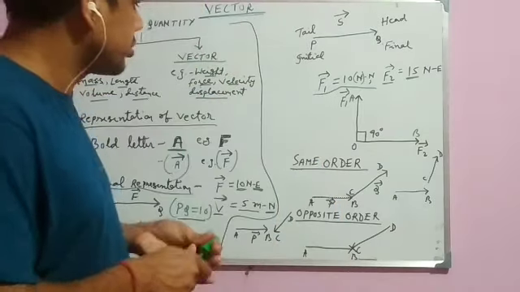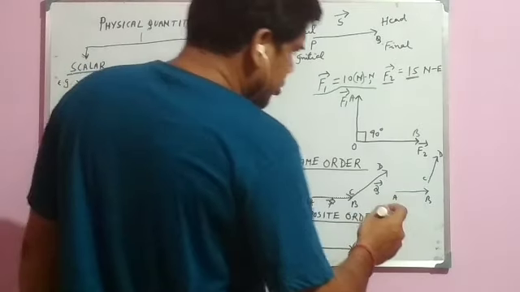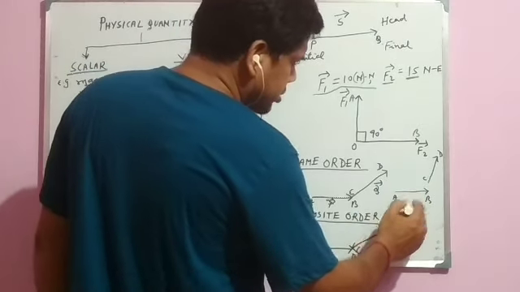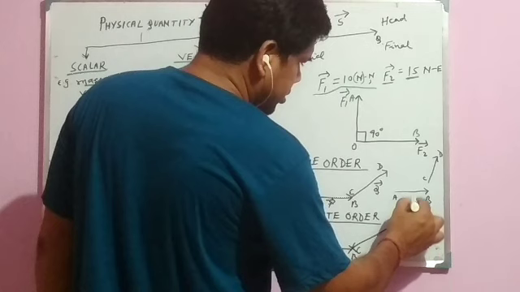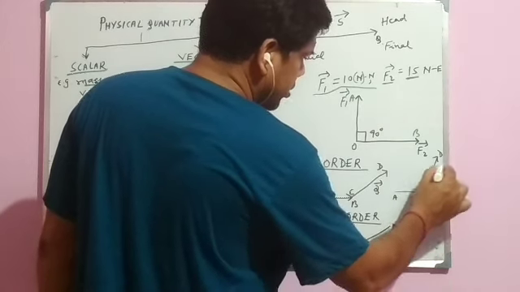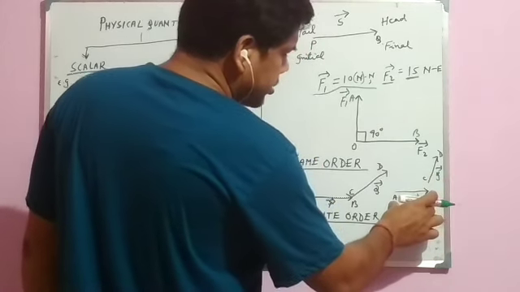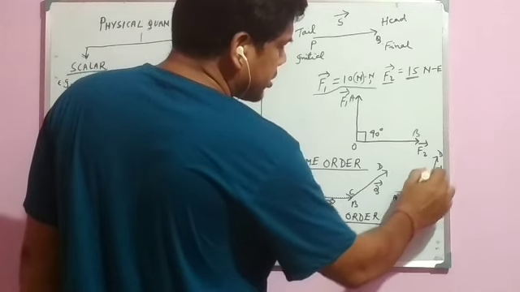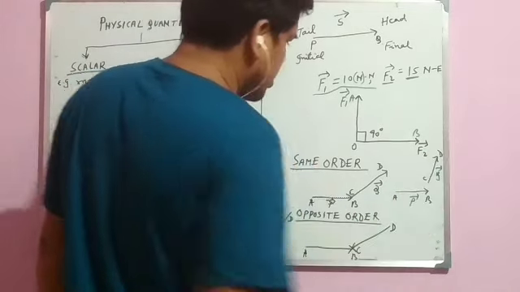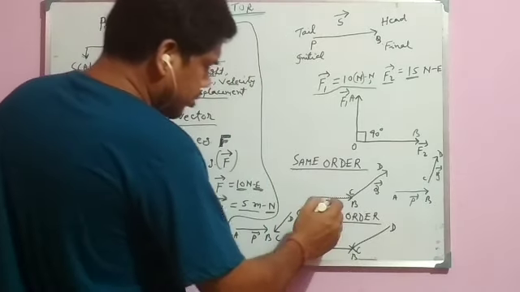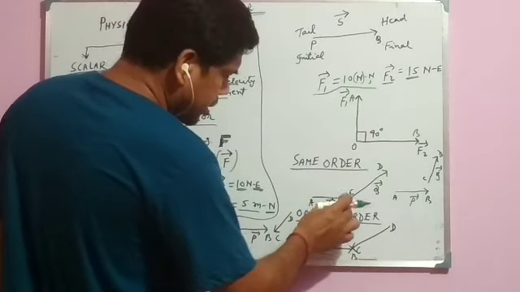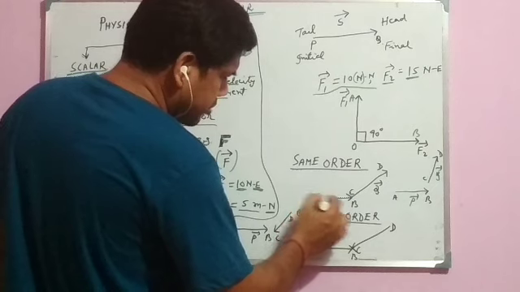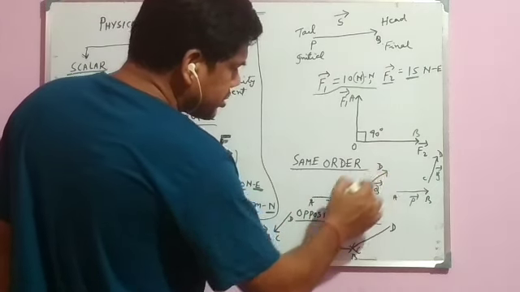So just see this. We are representing two vectors, like this vector is the P vector, this is the Q vector. The P vector is represented by the line AB and the Q vector is represented by the line CD. Now when they coincide, like AB, this is the P vector from A to B, and this is the CD vector.